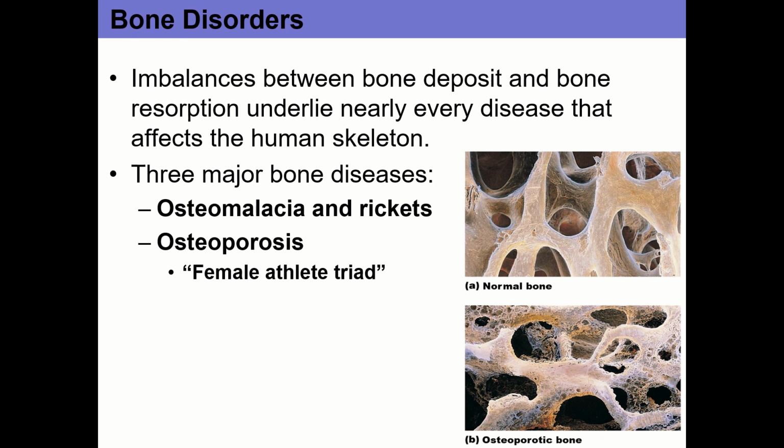Most people maximize their bone mineral density by the time they're age 25-ish. And so if you start in your 20s with low bone mineral density, by the time that woman hits 50, she essentially doesn't have as big of a bank account to draw on when she goes past menopause. And so then she's more likely to get osteoporosis. If your bones are thinner, they're more likely to fracture, and so that becomes problematic.